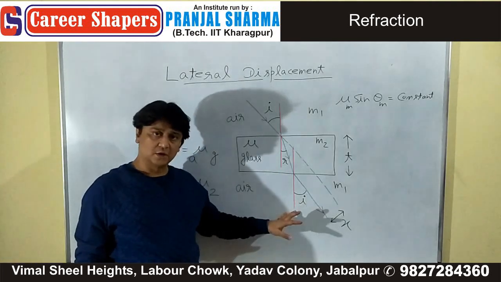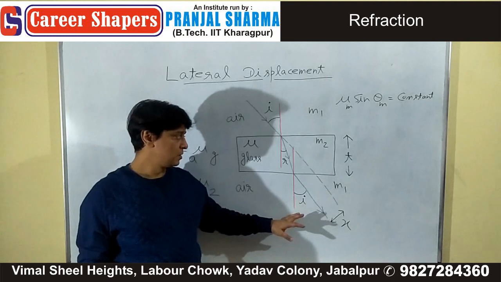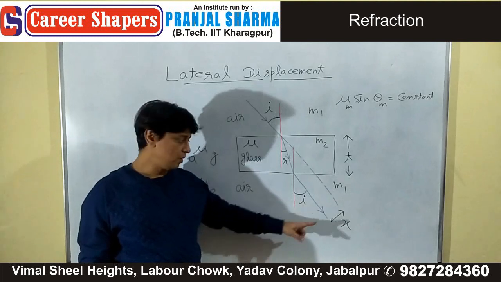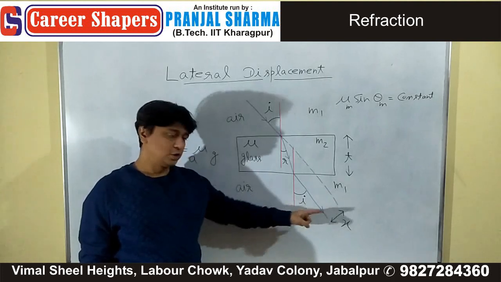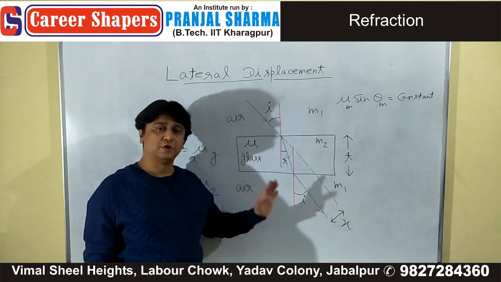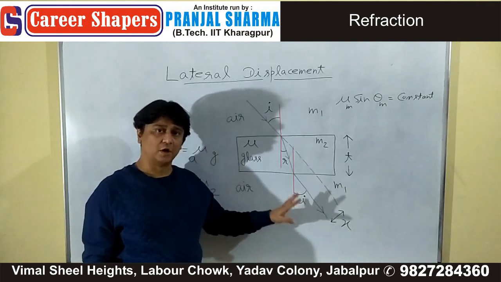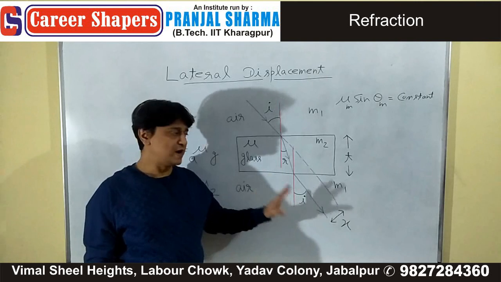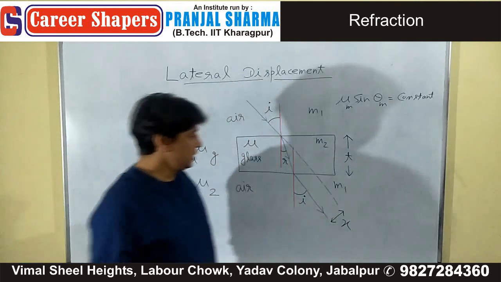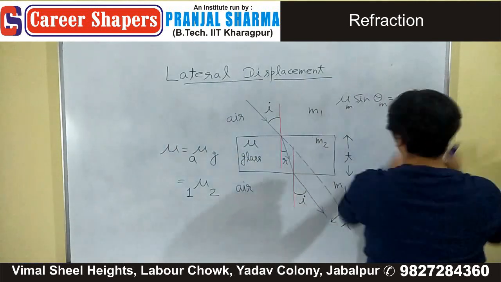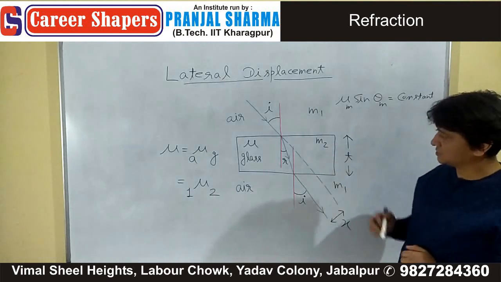Now, at this stage, you should pause the video and go for x. It's not difficult. You need to simply use geometrical concepts, and you can find it. Now, let's see how we calculate this x.